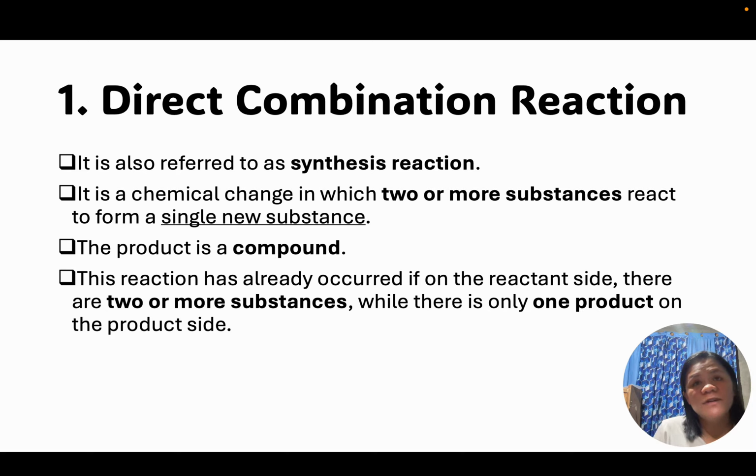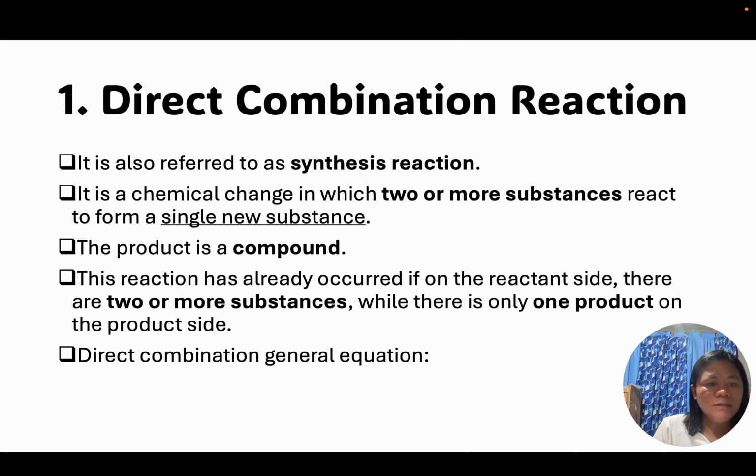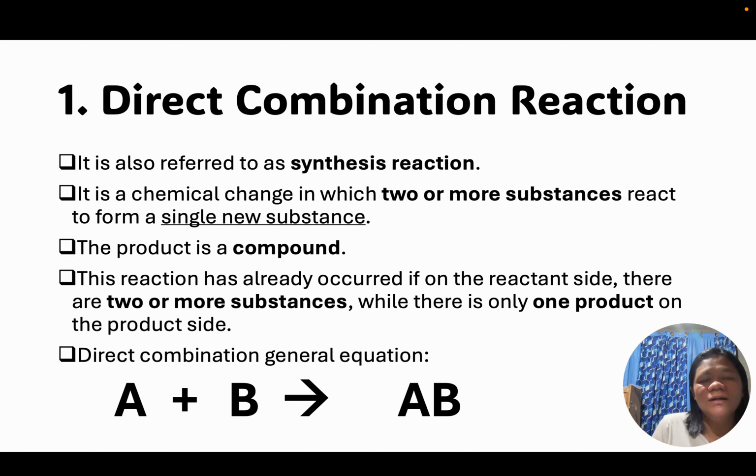So this is the indication na it has already occurred if the amount of reactant is 2, and on the product side naman is only 1, and it is a compound. So ang general equation niya is A plus B, which is our reactant, and ang product naman natin AB.